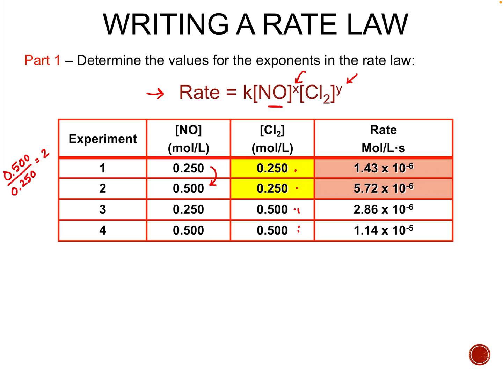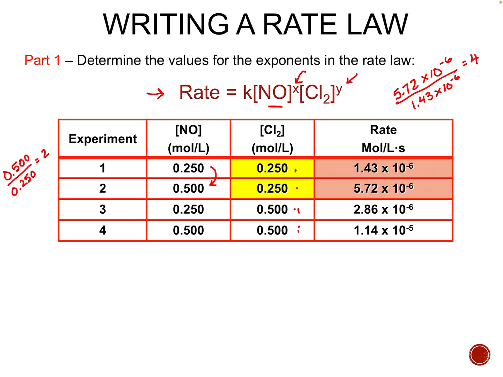Then you look at the rate, and see what happens to the rate over here, because you might not be able to see exactly what happened. You might see that for sure it didn't double, because that would be 2.86 times 10 to the minus 6, but you might not know exactly what happened. So you can do 5.72 times 10 to the minus 6 over 1.43 times 10 to the minus 6, and you would see that it increased by a factor of 4.